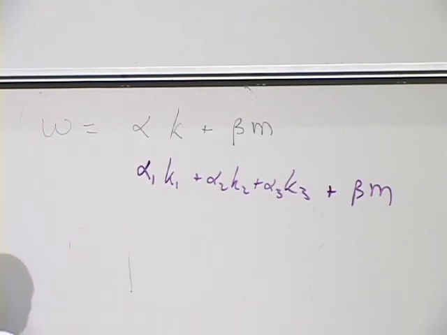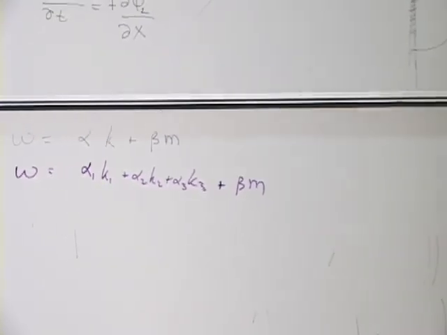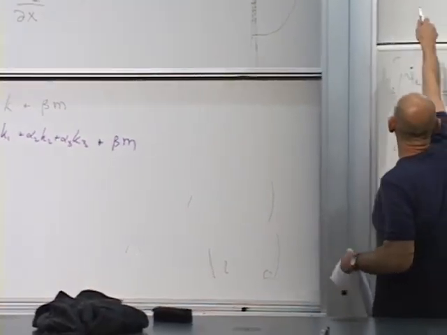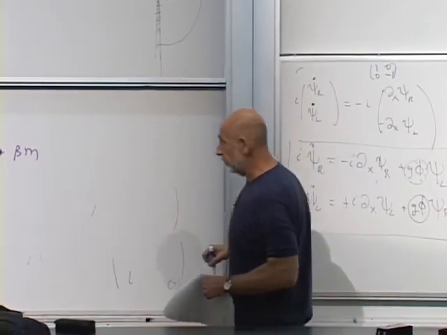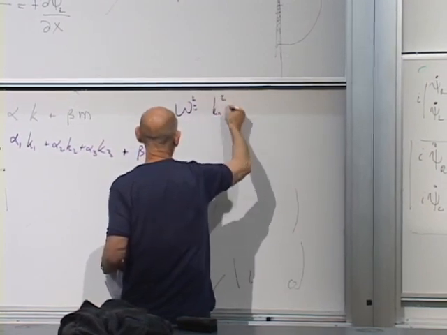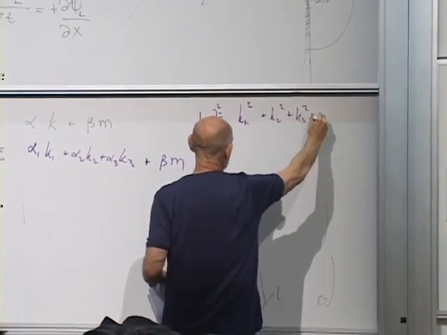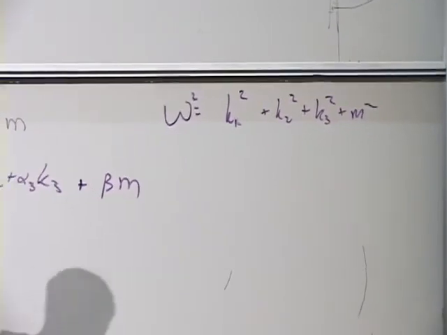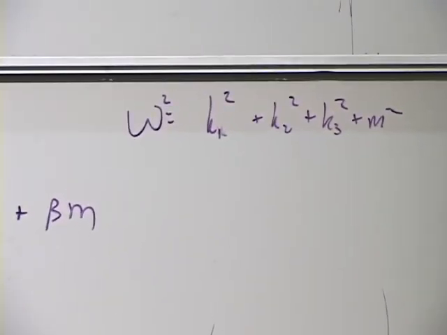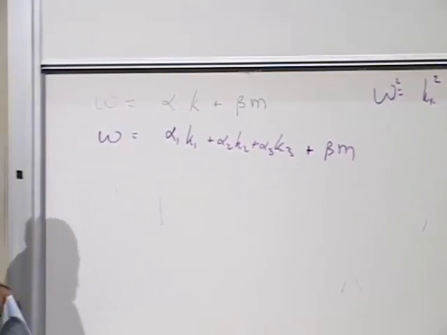It's nice and simple. Let's see if we can do business with an equation like this, with alphas and beta being matrices, in such a way that omega squared is equal to k squared plus m squared. We will require omega squared equals k1 squared plus k2 squared plus k3 squared plus m squared. That's relativity. Now, of course, there's more to relativity than just this equation, but he started with that. Let's see if we can do business with that.